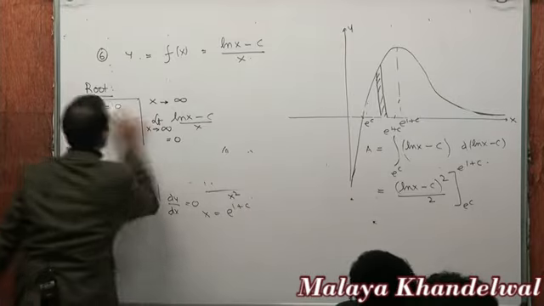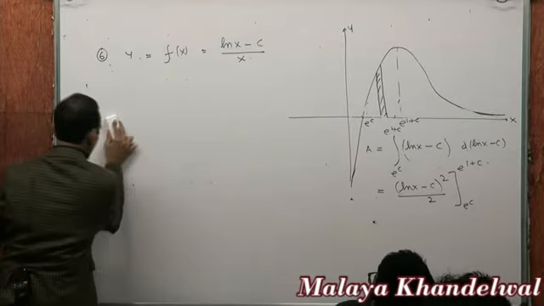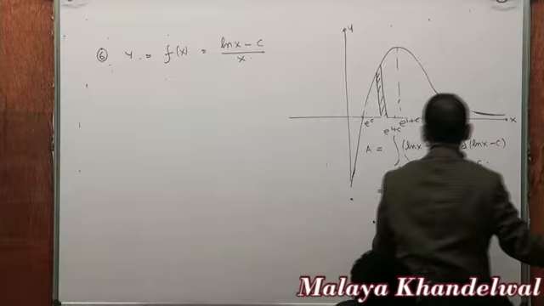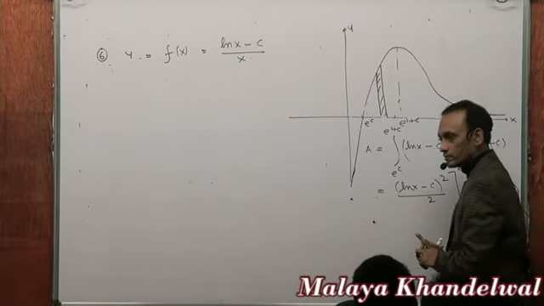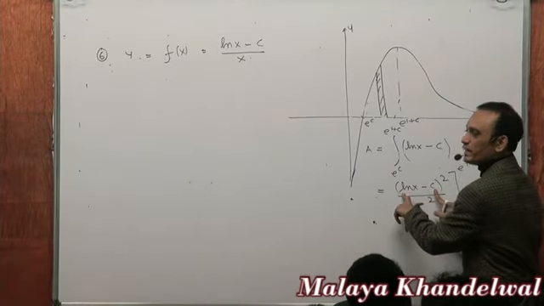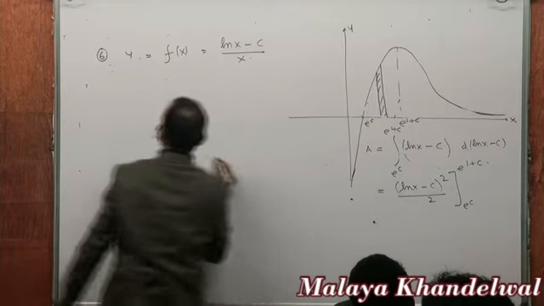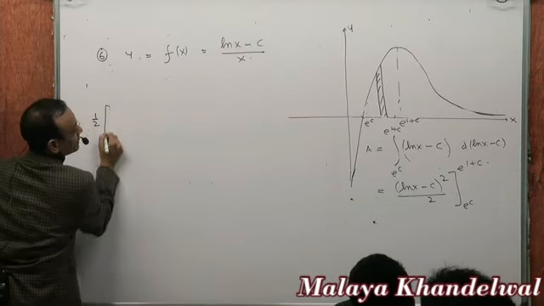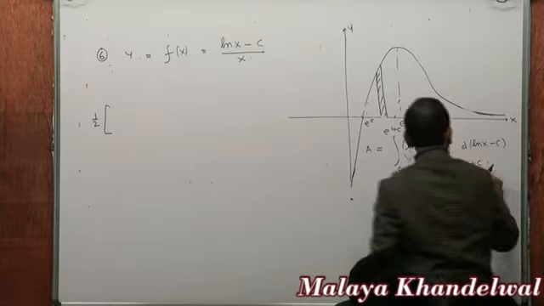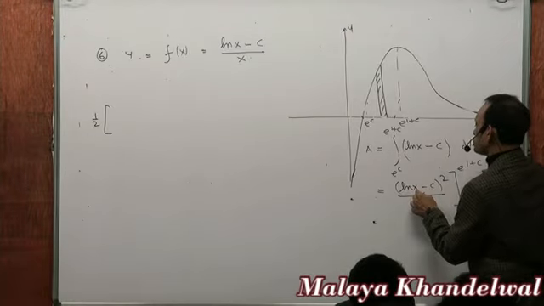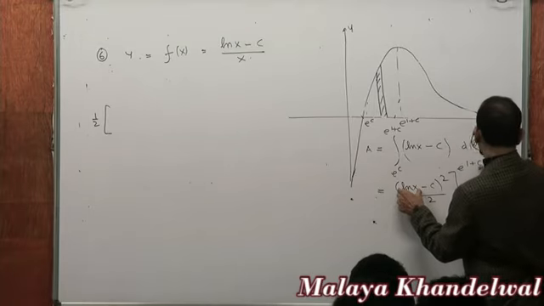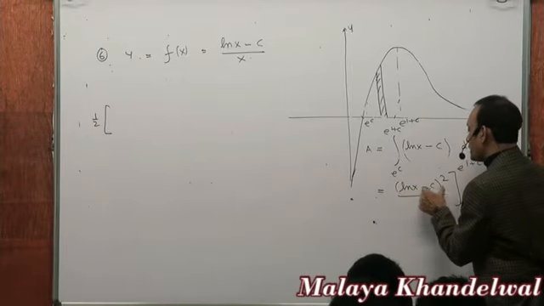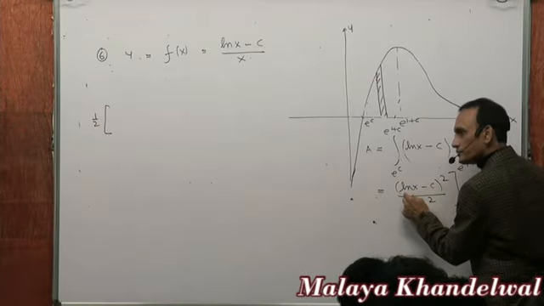Which then means I want to show that this number is independent of c. That means I want to show that the numerator is independent of c, right? Nevertheless, this is half of, at x equal to e power 1 plus c, this will become 1 plus c minus c, that's 1.